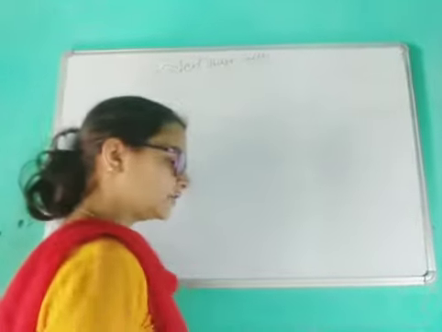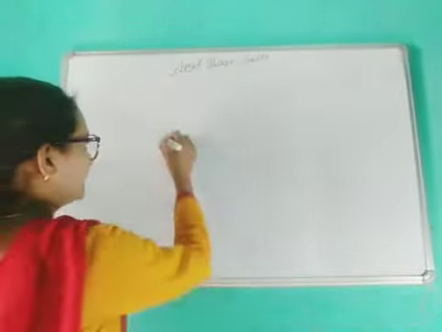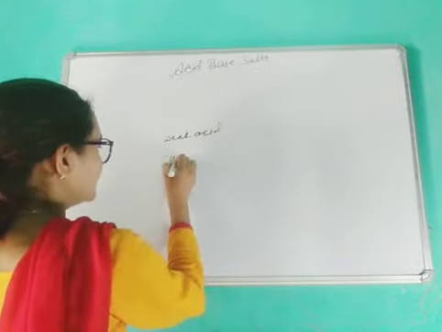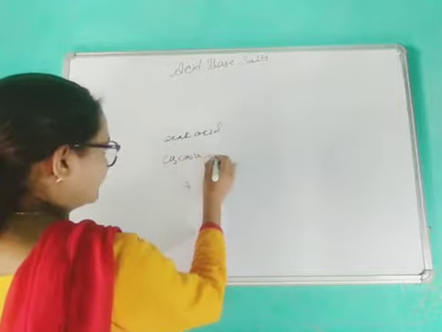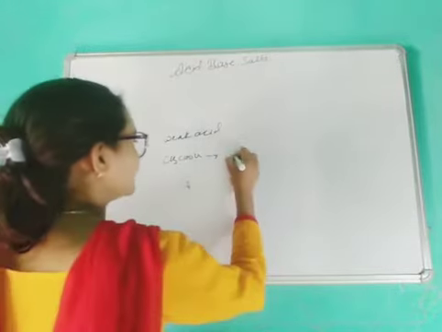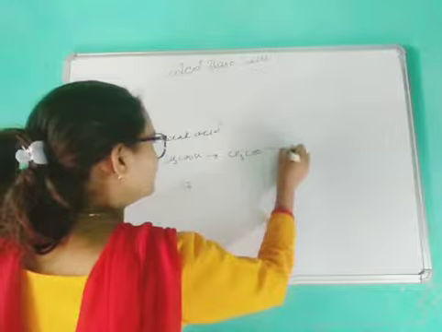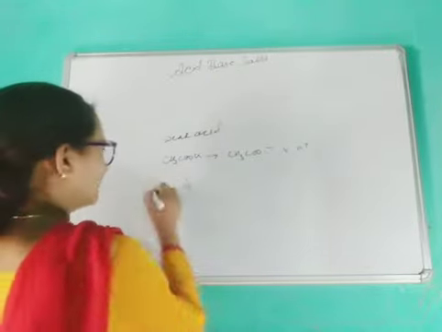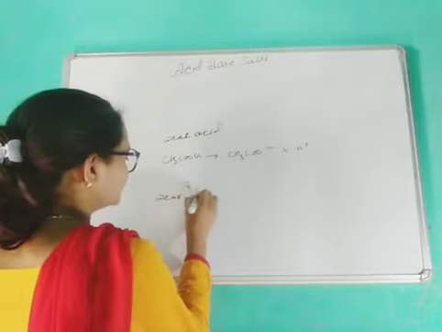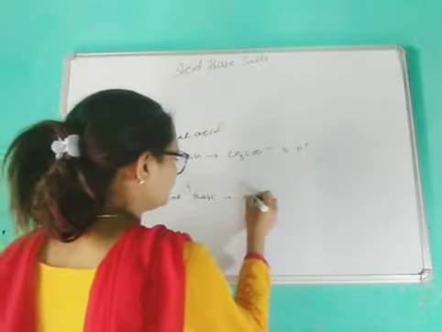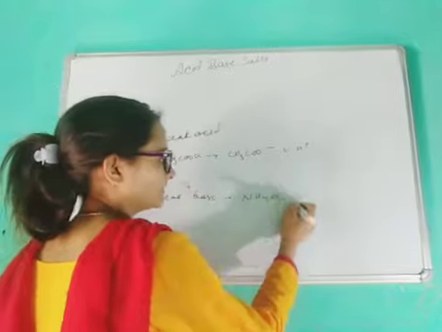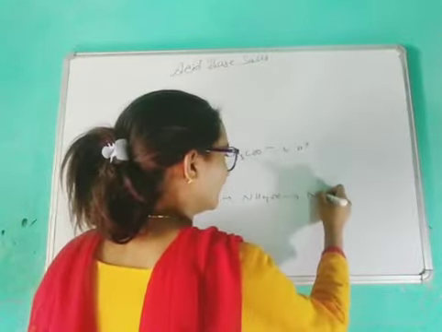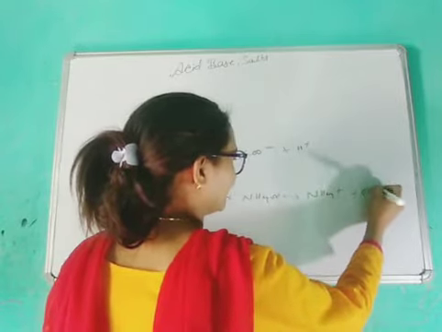Then you have weak acid and weak base. For example, weak acid CH3COOH. It will give you CH3COO negative plus H positive. Or weak base, for example NH4OH. It will break down and give you NH4 positive plus OH negative ions.